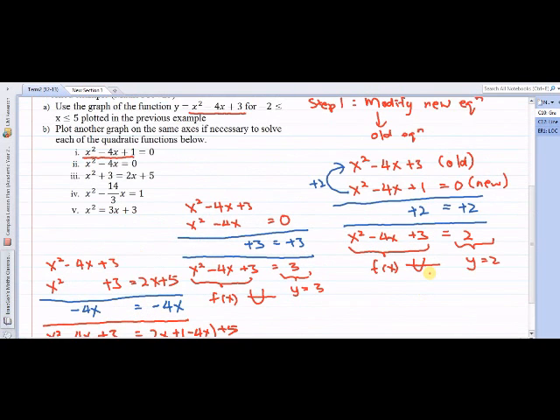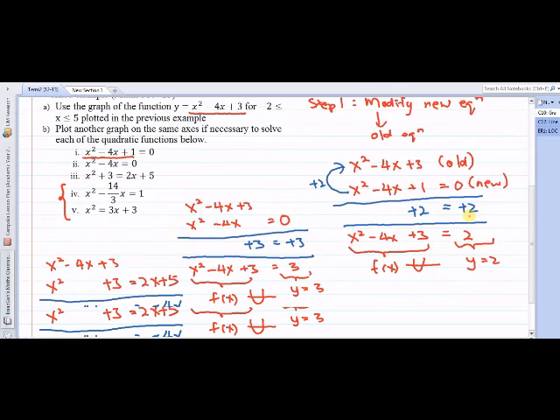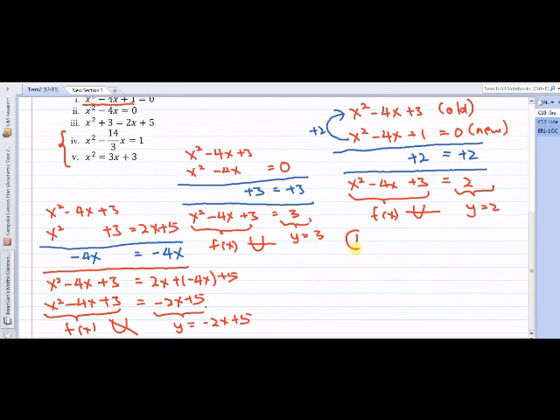So this is how we can use the existing quadratic graph to solve new quadratic functions. And all students, please try on your own to answer parts 4 and 5 of the questions by first, modify the new equation so that it looks like the old equation.